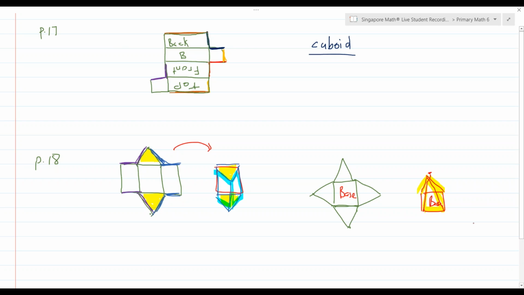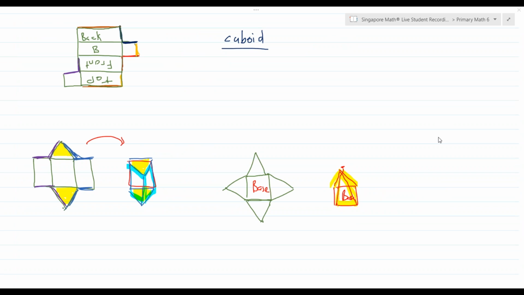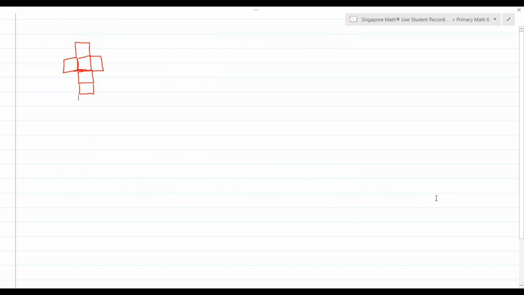So when you begin looking at them, start thinking in terms of what will it look like when I fold it up? How will this fold, and which edges will meet, and what will the final picture look like? Now in the exercise in the workbook, all of the problems are done so that you're given a picture and you're asked if it will fold to form a cube on the first page, or if it'll fold to form a cuboid on the second page.